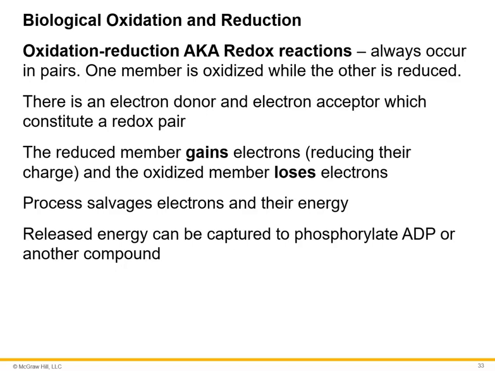And its overall charge has been reduced from +1 to 0, right, to neutral. That's the way you can keep this in your head, is remember that reducing is talking about reducing the charge of the molecule. This process overall is going to salvage electrons and their energy, and then that energy can be captured into ATP or another compound.